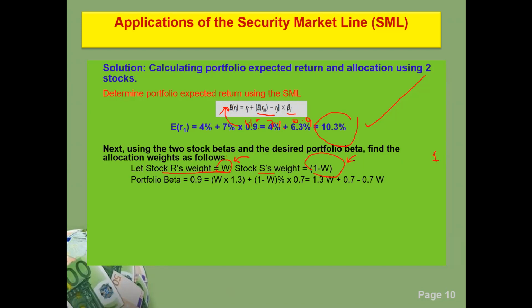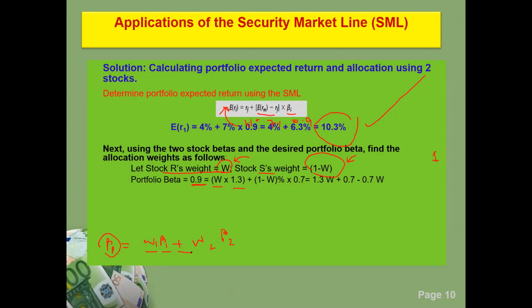So what is the portfolio's beta? The beta of a portfolio is equal to the weight of stock 1 times the beta of stock 1, plus the weight of stock 2 times the beta of stock 2, if there are only two stocks. So weight 1 is W. Beta 1 is 1.3, we plug it in here. And the beta of the whole portfolio is 0.9, we plug in 0.9 here.